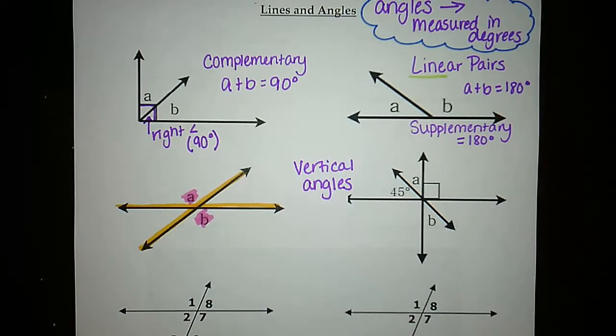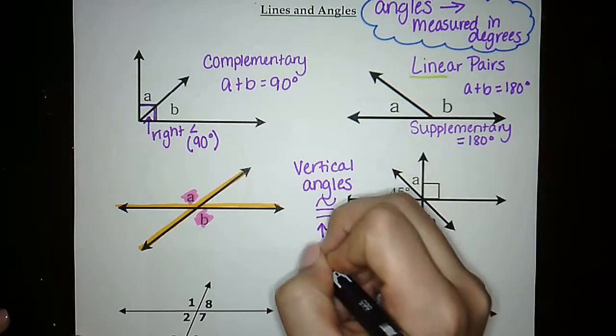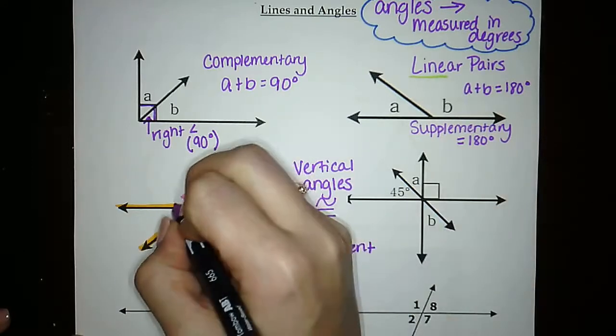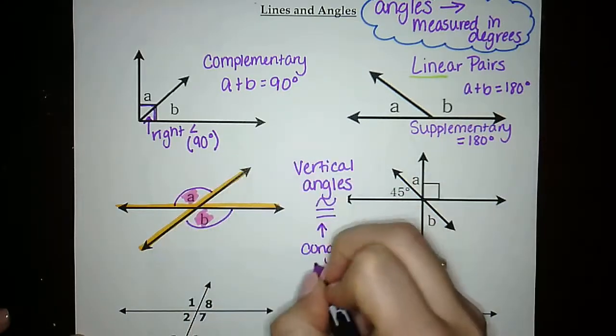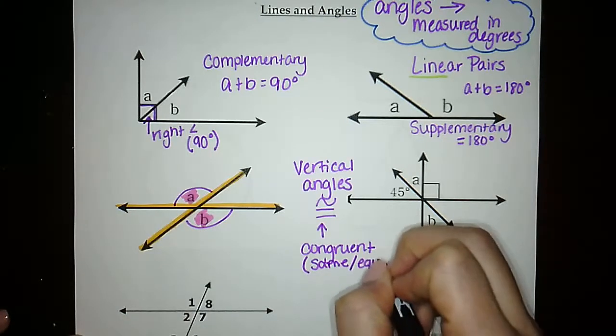So kind of like kissing fish, however you want to think about it, but these are vertical angles, and they are congruent. Remember, this symbol means congruent. Congruent means same or equal.